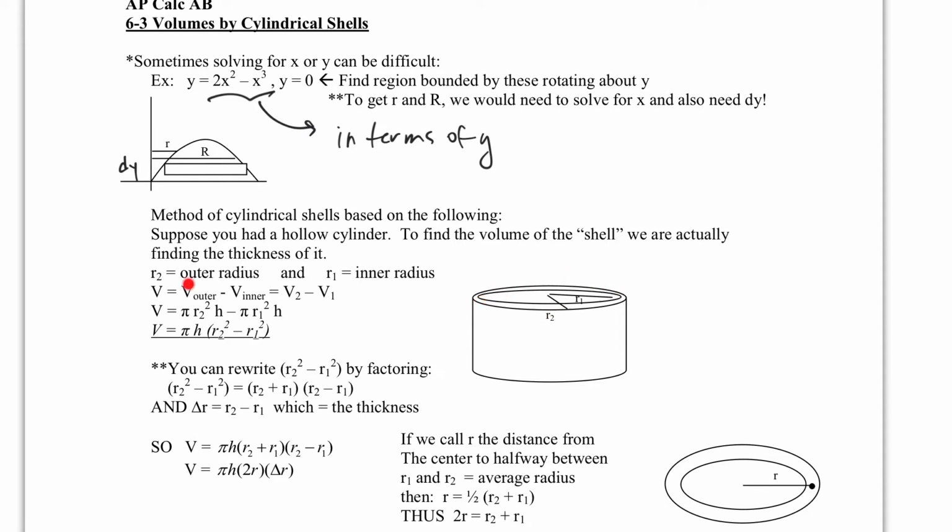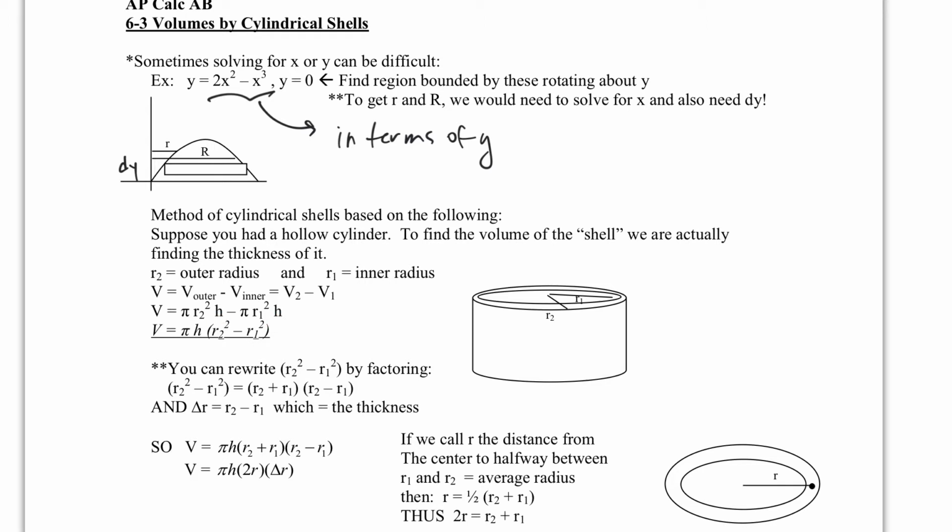Well, we take our outer radius and our inner radius, find the volume of the outer, subtract out the volume of the inner. So I'm finding the whole thing and taking this whole out, and I'm left with this thin shell. Now, expressing this in a formula, pi r2 squared times h minus pi r1 squared times h.